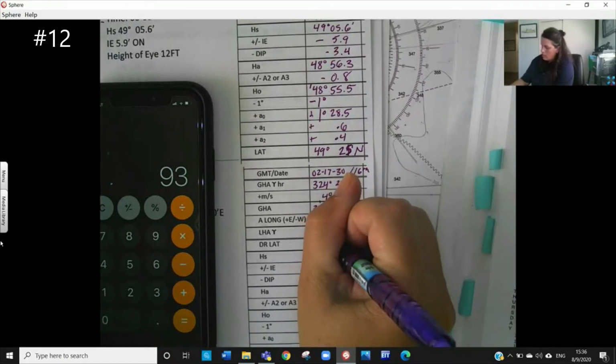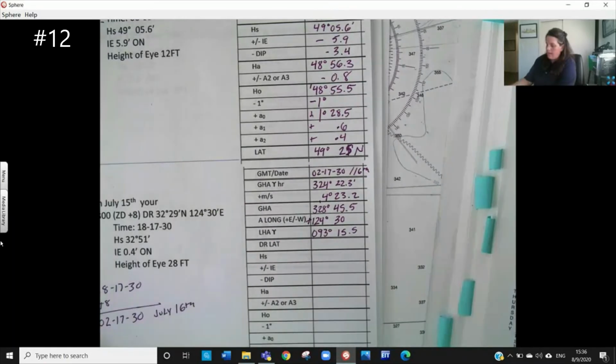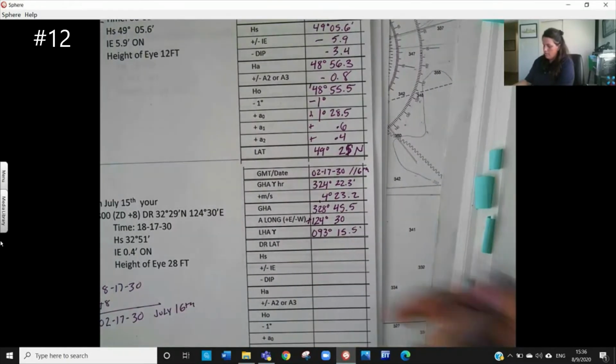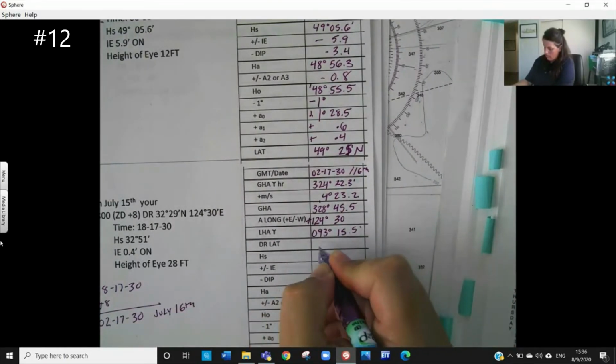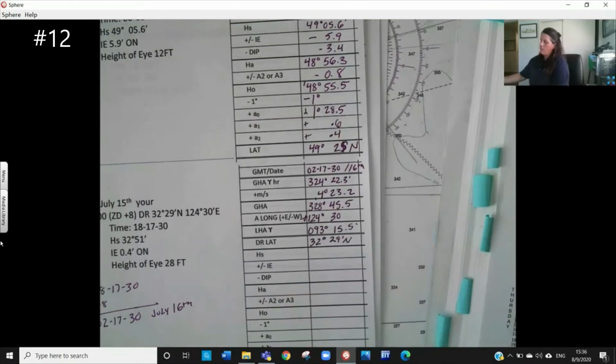Gives us an LHA of 093 degrees, 15.5 minutes. Our DR latitude was 32 degrees, 29 minutes north.